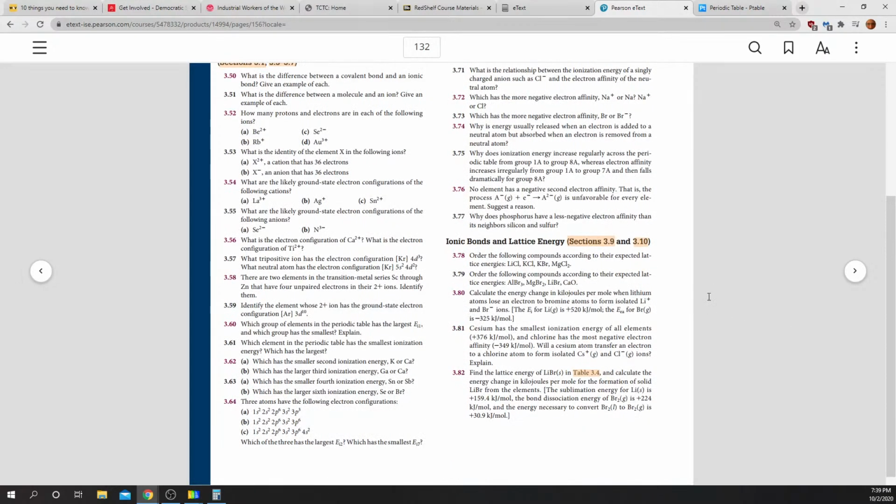78. Order the following compounds according to their expected lattice energies. Lithium chloride, potassium bromide, magnesium chloride. Okay. So this is taking it a step further than I would have expected. I would have just done it pairwise, but they're going for a full set of 4. So, lithium chloride. Let me write these down.